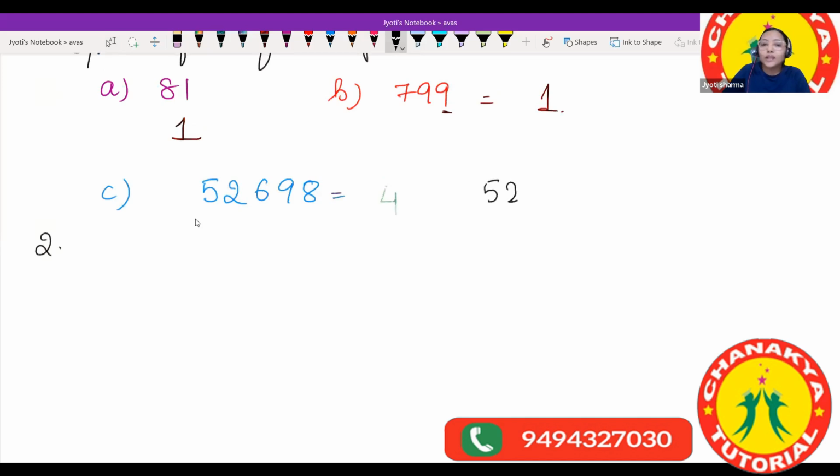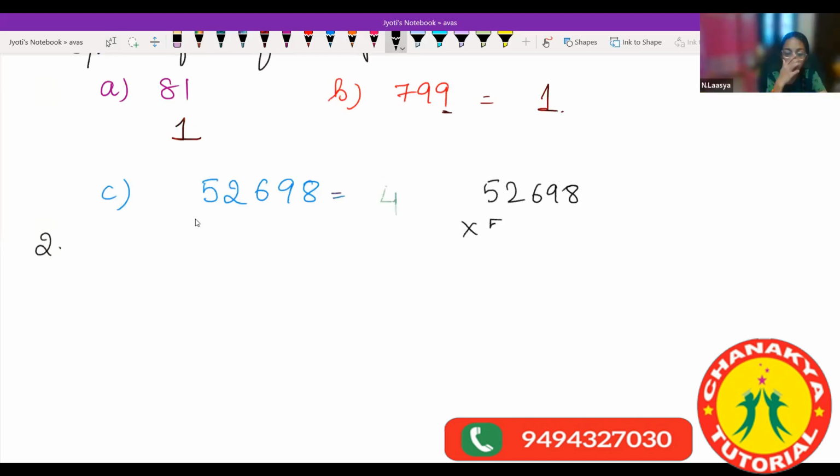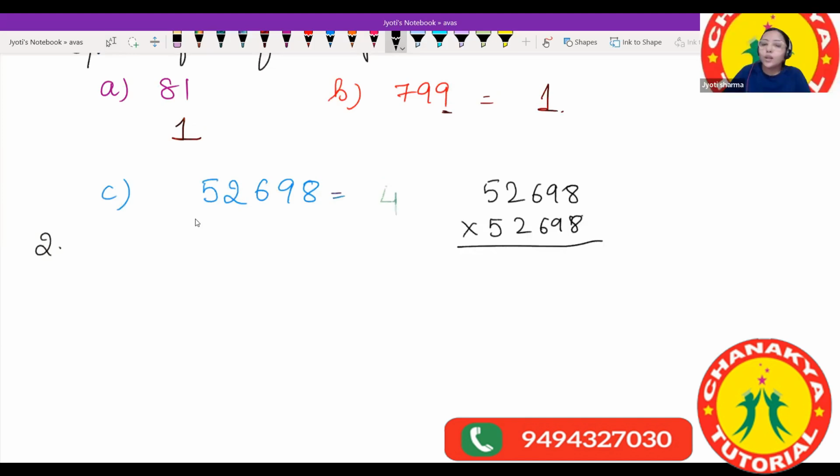It is this number multiplied by itself. Now, whenever you start, you multiply first 8 into 8, which is 64. So whatever your answer, it will end with 4.